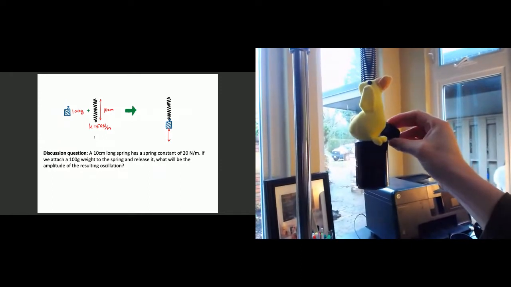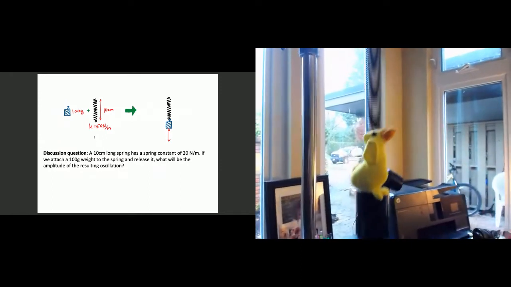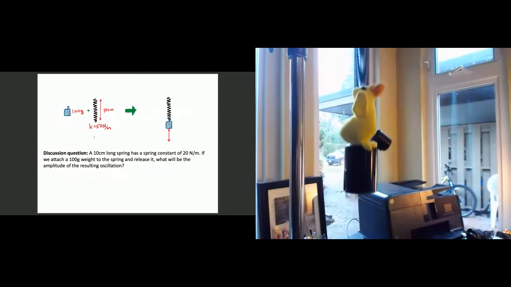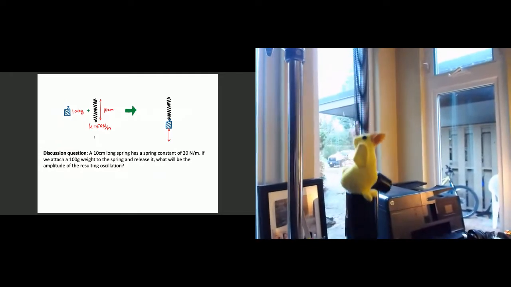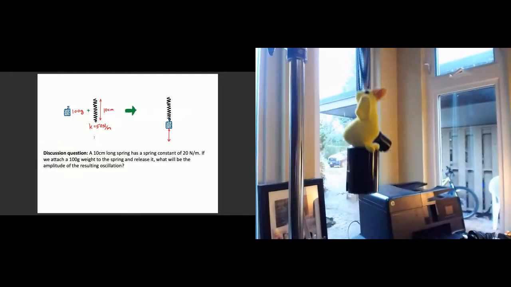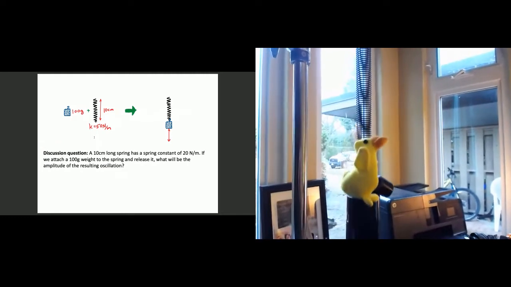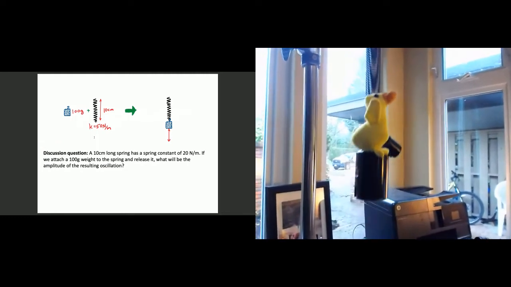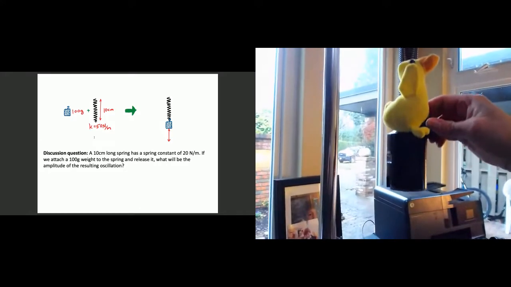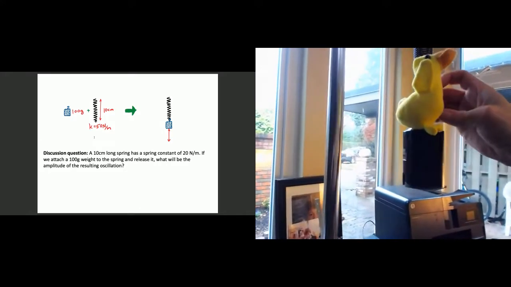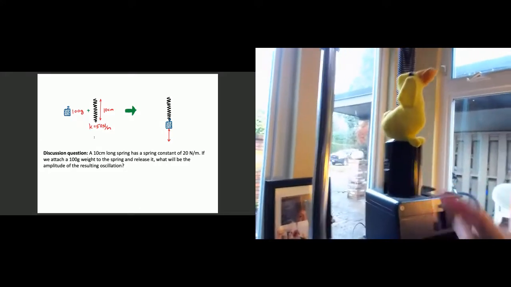I can do it very carefully. But what we see is that as soon as I put that mass on, the system starts oscillating. And so in this question, we're asked to predict what is going to be the amplitude of that oscillation.